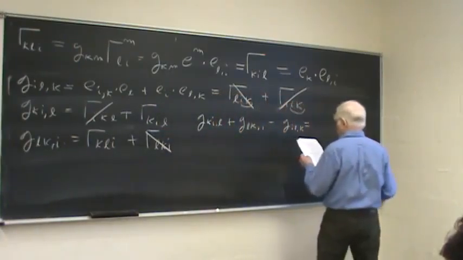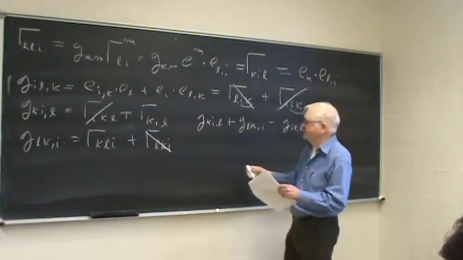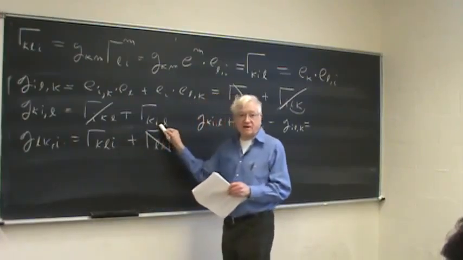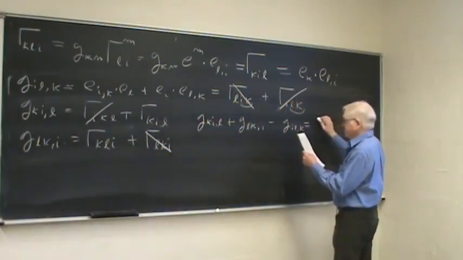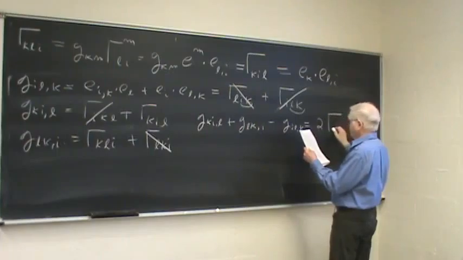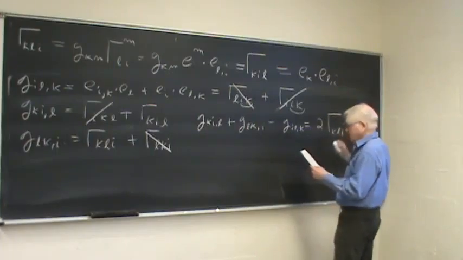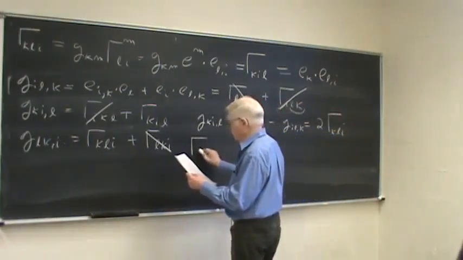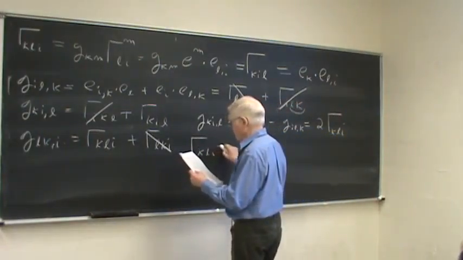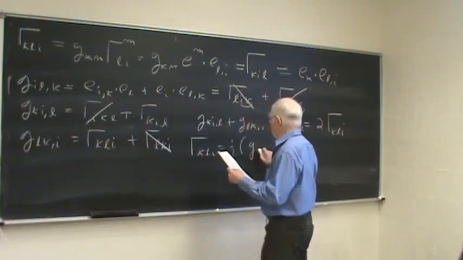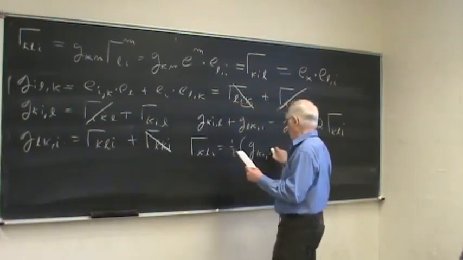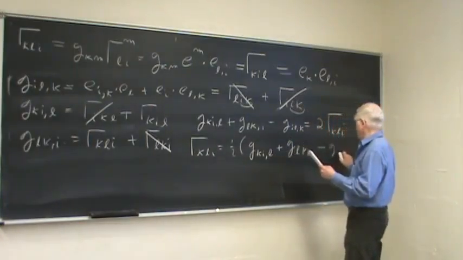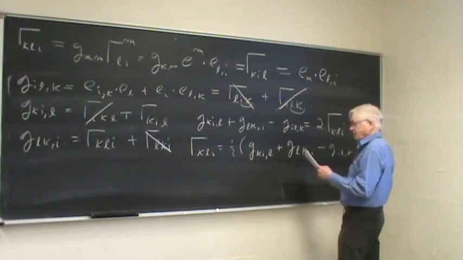And these other two are the same because li and il are the same. So this is equal to 2 gamma_{kli}. Good, it's one that I can pronounce. So what we get is that gamma_{kli} is a half g_{ki,l} plus g_{lk,i} minus g_{il,k}.